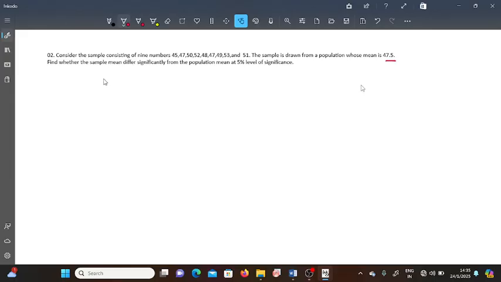In the given problem, the sample size is 9, so we need to find the sample mean, that is summation over x by n.